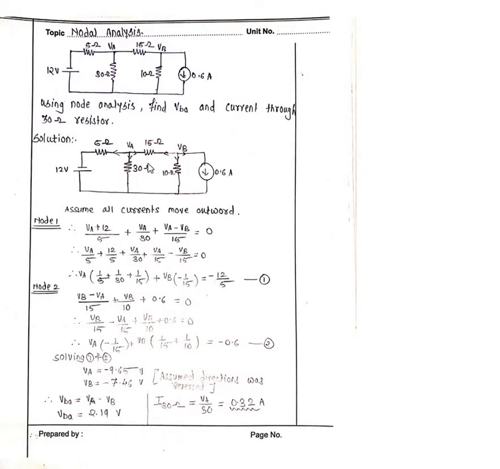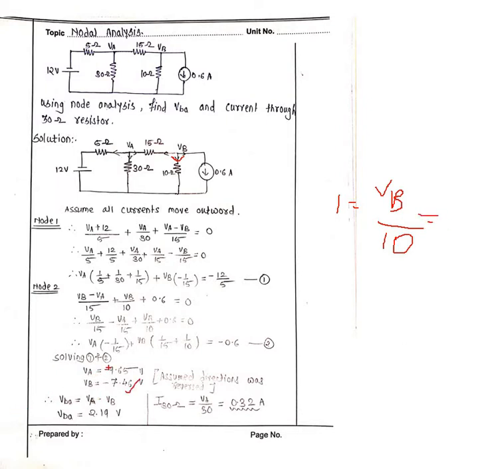Then what is the current flow in the 30 ohm? Similarly, what is the current flow in the 10 ohm? If they ask for the 10 ohm, then I is equal to VB divided by R. What is R? R is 10. What is VB? You found VB as 7.46. Don't write the minus.